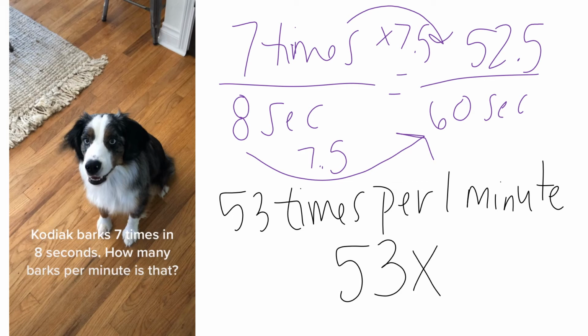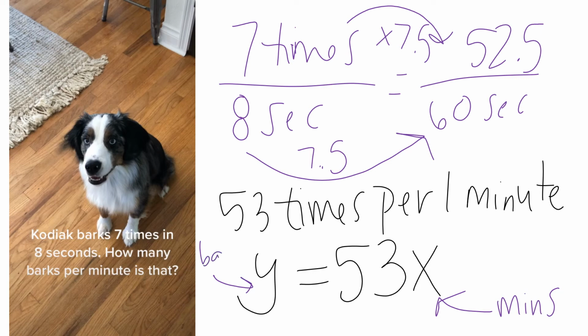And that tells me how many barks, and we're going to call that y. So 53 barks per minute times x, which is however many minutes have gone by, equals y, and that would be how many barks. Let me tell you, that would sure be annoying if he barked for even 1 minute straight.